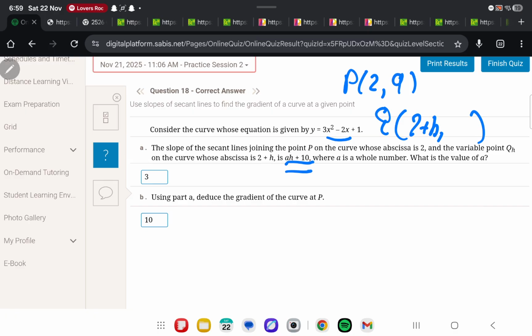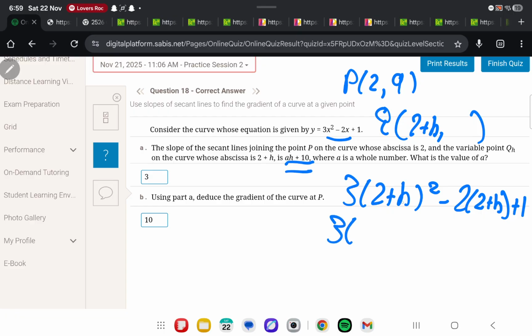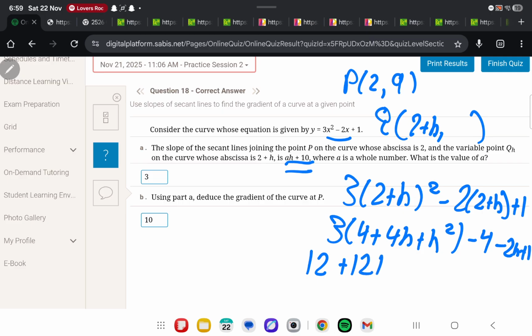Now 2 plus h, so 3 into 2 plus h squared, minus 2 into 2 plus h plus 1. So you're gonna get here 3 into 4 plus 4h plus h squared, minus 4, minus 2h plus 1. So you'll get here 12 plus 12h plus 3h squared, minus 4 minus 2h plus 1.